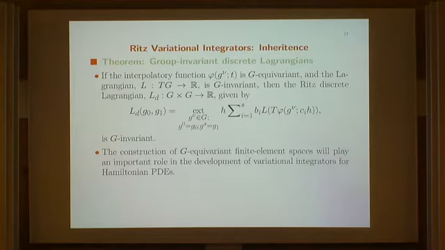Before I do that, let me address the group invariant part. There were two pieces, one of which was the Noether theorem. So how do I go about constructing a discrete Lagrangian which is G invariant? The way you do this is that you choose function spaces which are group equivariant.